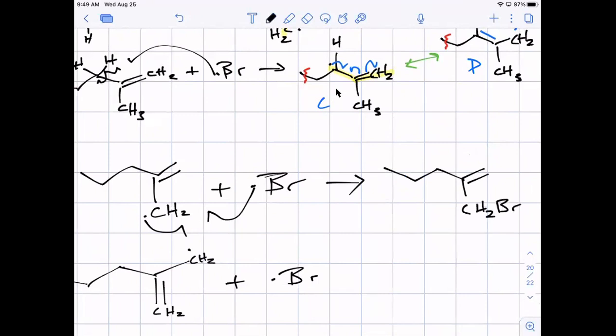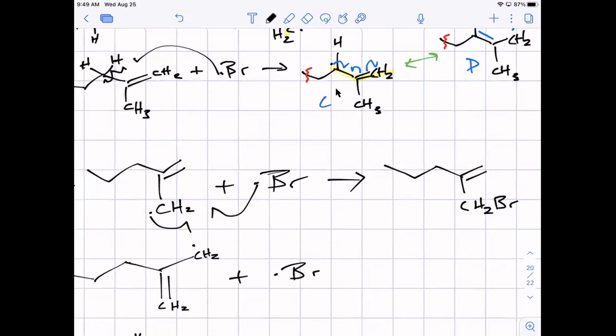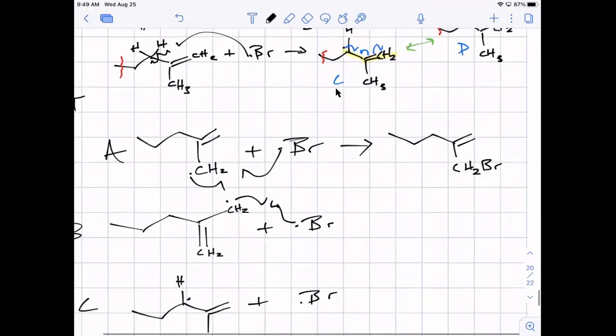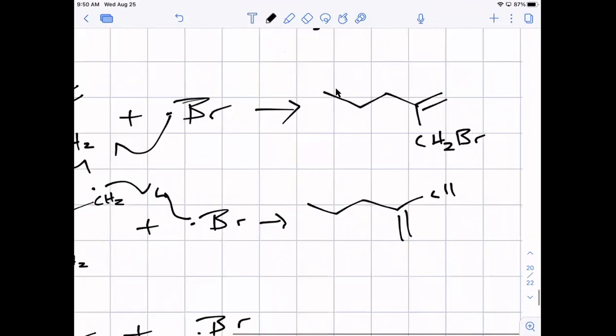Anybody disagree with that? No. All right. And then the same thing here. We're going to terminate that. The arrow sucks, but sorry. And that's going to be CH2Br.